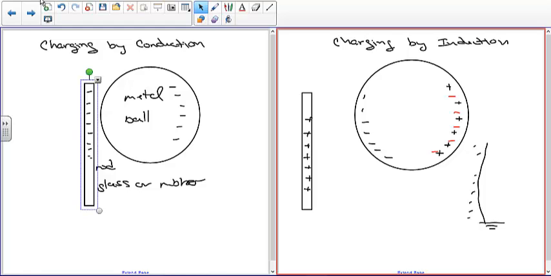So when you take your conducting rod here, this is a conductor, so the electrons are free to move. So I think this is actually positively charged instead of negatively charged. Because it's positively charged, the electrons will move from being distributed evenly to being right here at the nearest part between the two objects. So as I get closer, this side becomes more negatively charged and this side becomes more positively charged.